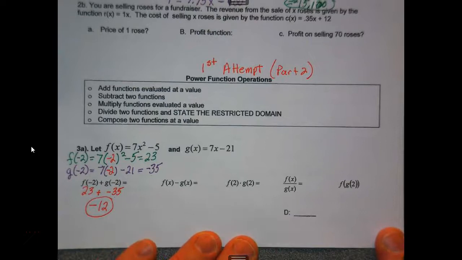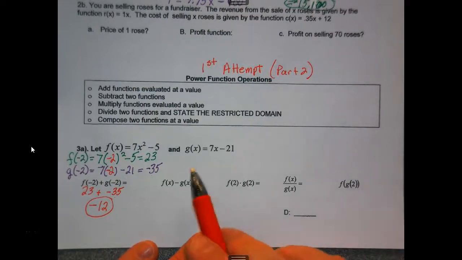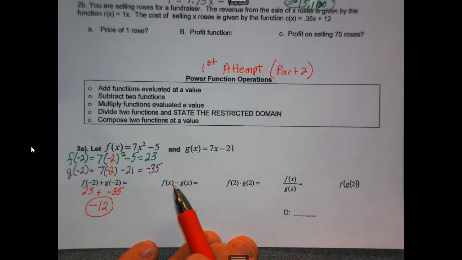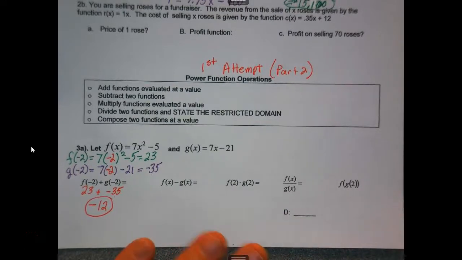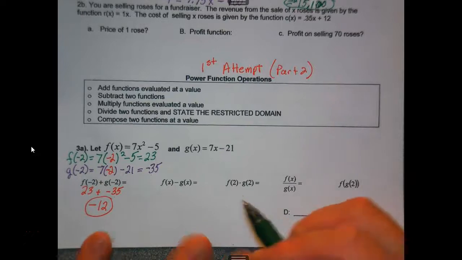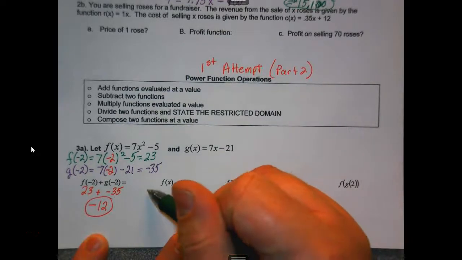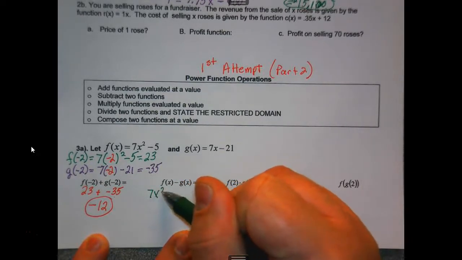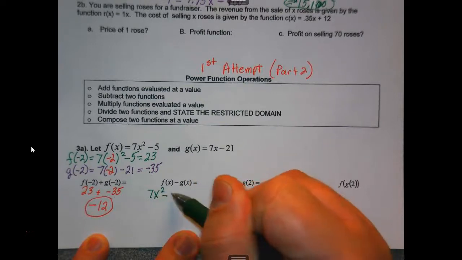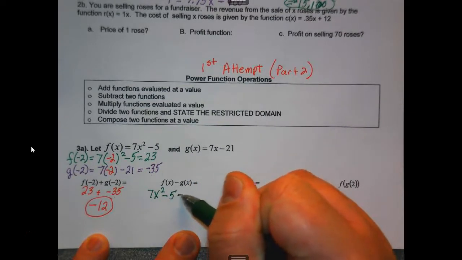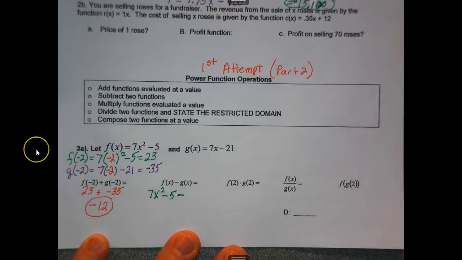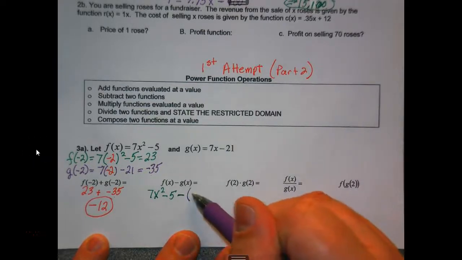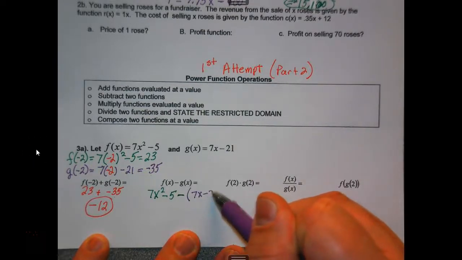Hey, now we've got to subtract them. But this time they gave us the variable, so we're going to have a variable expression. We're not going to have a number this time. My f of x is 7x squared minus 5, minus our entire g function, which is 7x minus 21.